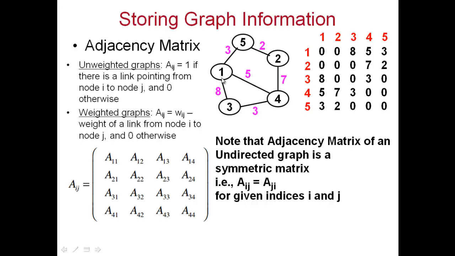There's a road, say, between city 1 and city 3 of distance, say, 8 miles or whatever the unit, or it takes 8 hours to travel from city 1 to city 3. So it depends on how you model. You have to clearly define how you model it. So similarly, between city 1 and city 5 it may take 3 hours to travel, and so on.